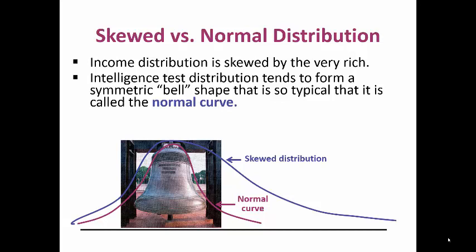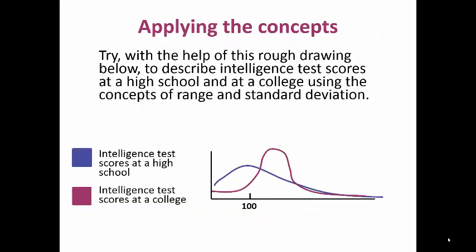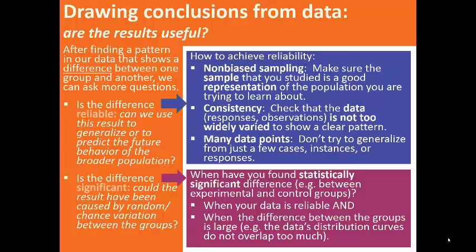When the distribution is skewed, that means that the scores do not fall around a mean, but might be positively or negatively skewed, as you can see in the purple line there. So you can see here that scores of intelligence at high school and at college are somewhat different, and people are scoring higher. The mean is higher among college students.